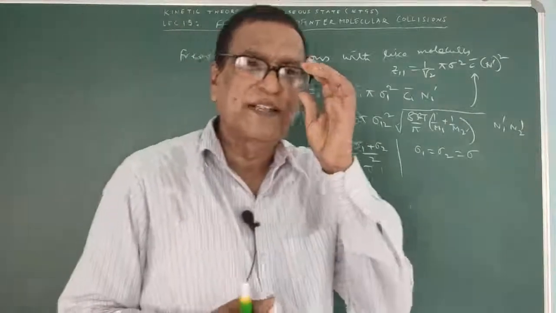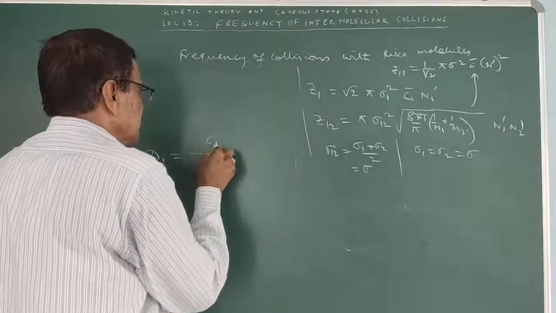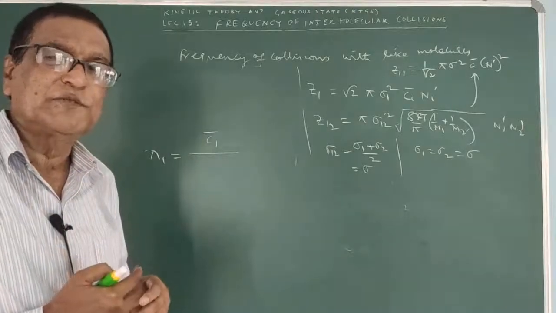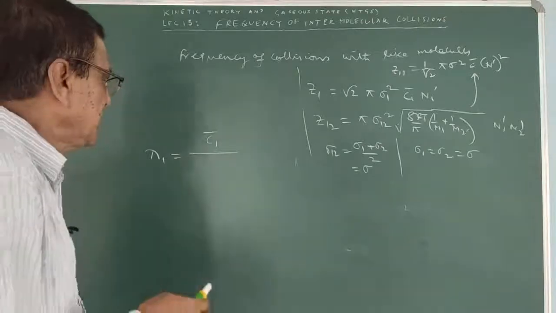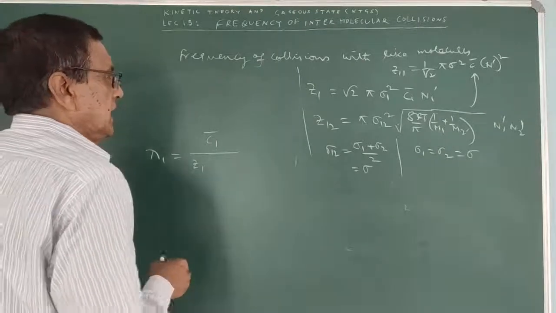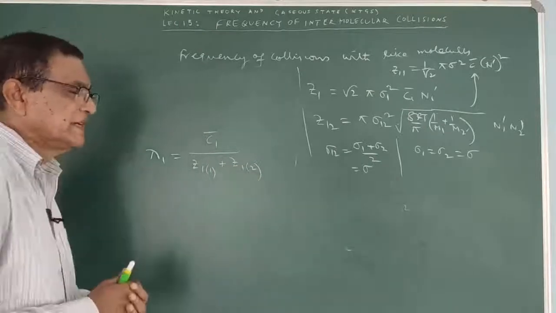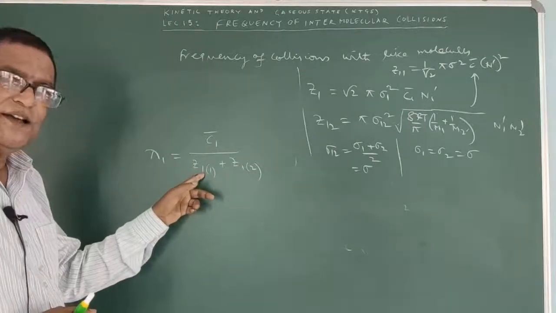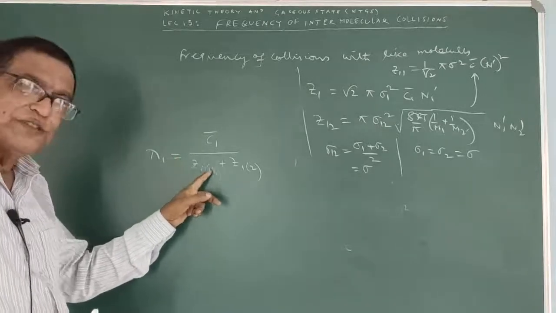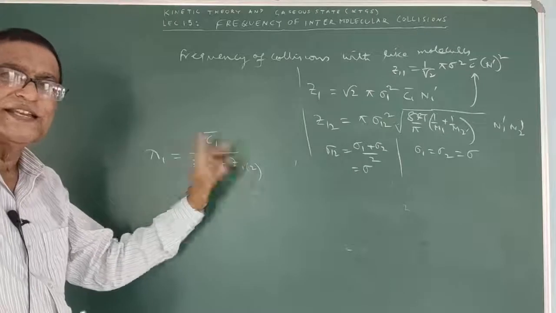It will be the average distance traveled by the first type molecules in unit time, divided by the frequency of collisions, which is Z11 plus Z12. Z11 is the collision made by the first type molecule with the first type, and Z12 is the collision number of the first type molecules with second type molecules.